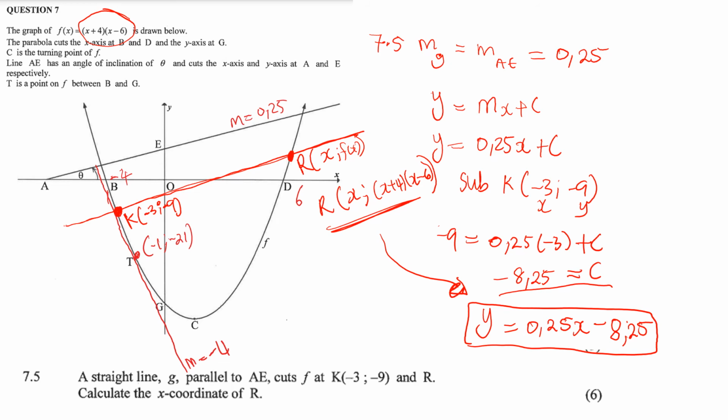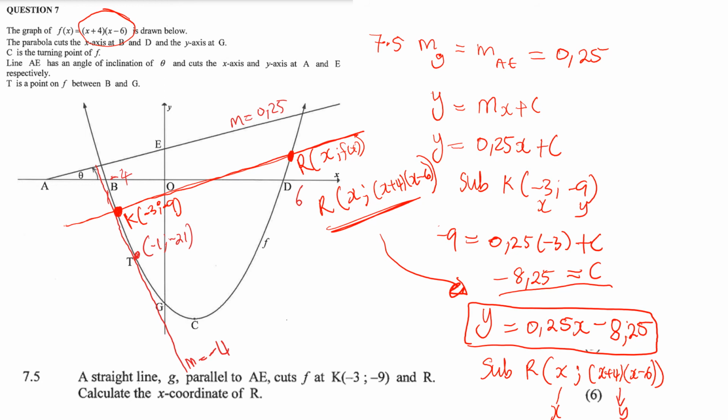Okay, so we're going to substitute our R, which is x and x plus 4, x minus 6, or rather f of x. All right, so this is our x and this is our y.